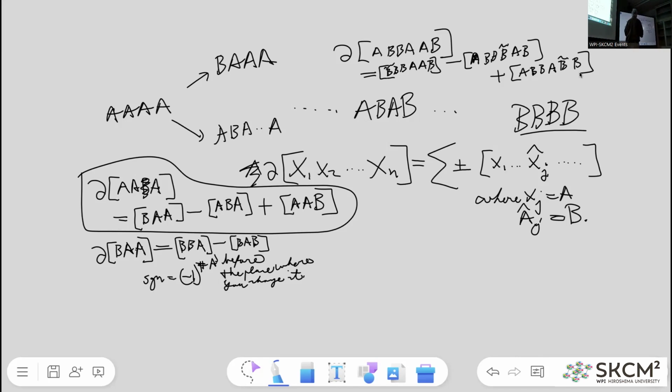So this is getting a pattern like simplices, but then we're thinking of each of these as being something like a simplex.